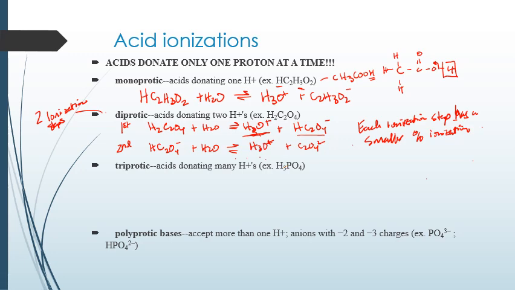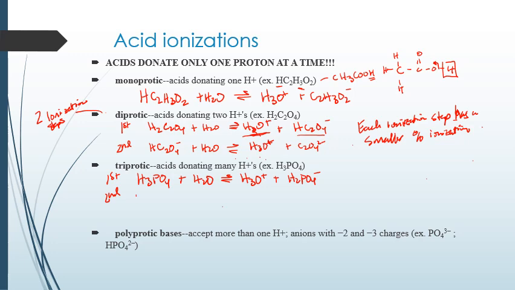an example for that. So for that first ionization step, I would have the H3PO4, I have the H2O going to H3O+ and the H2PO4-. Again, I'm just losing a hydrogen each time.